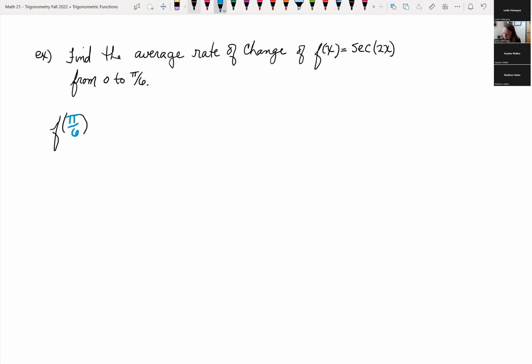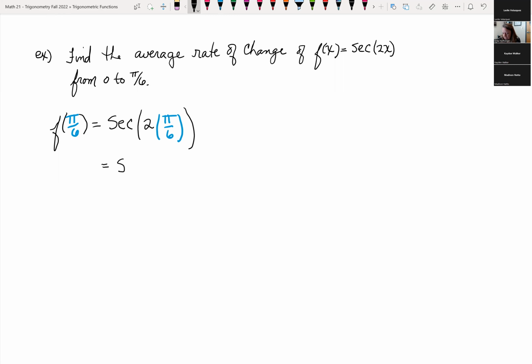We're going into our function f of x, secant, and wherever we see an x, we're replacing it with pi sixths. So f of pi sixths is secant of 2 times pi sixths.